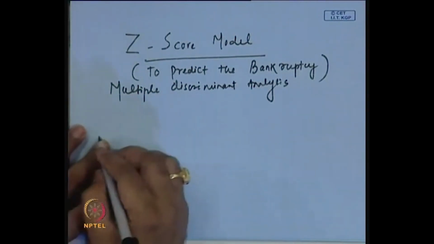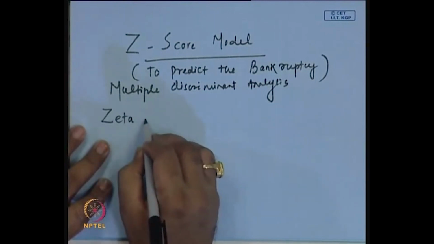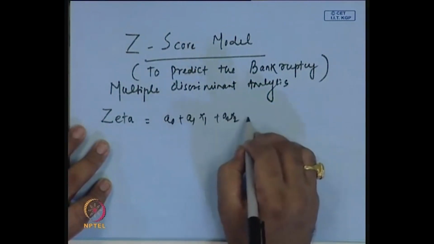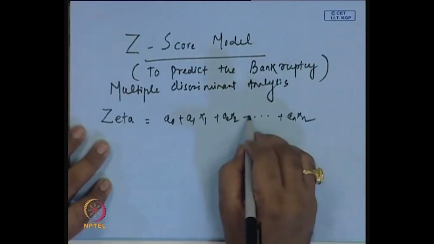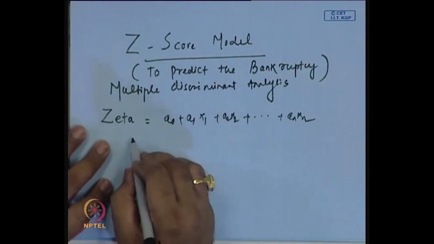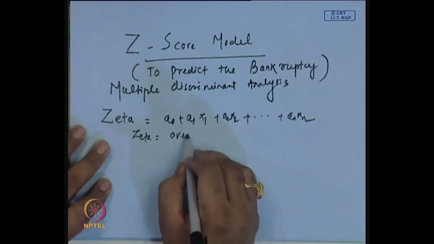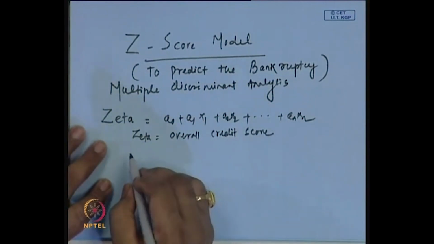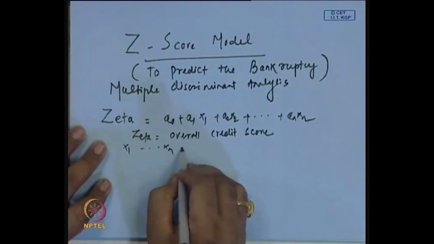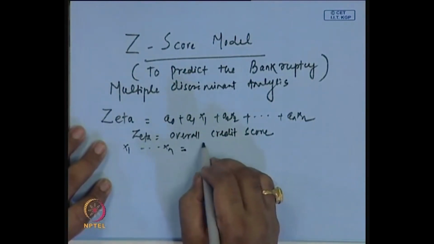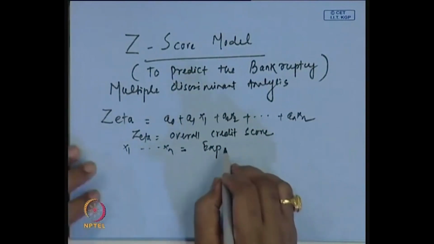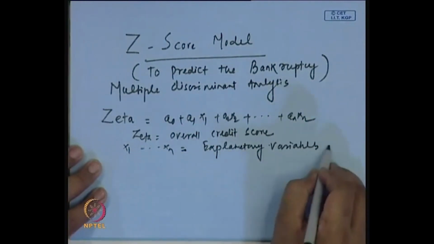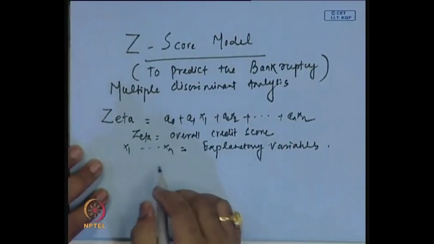Then how is the credit score given? Altman said that zeta is equal to a0 plus a1x1 plus a2x2 and so on, plus anxn. Here, zeta is the overall credit score of the company, and x1 to xn are the explanatory variables which have an impact on the credit score of the company and help to assign scores to the company.